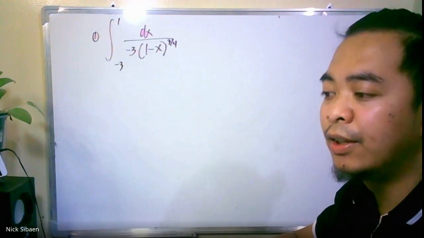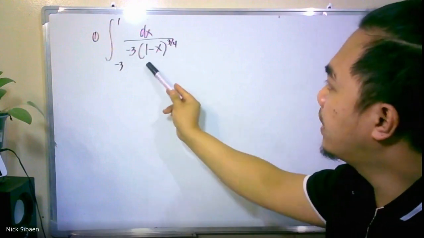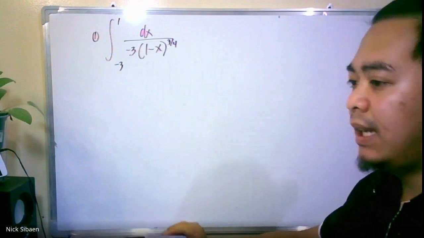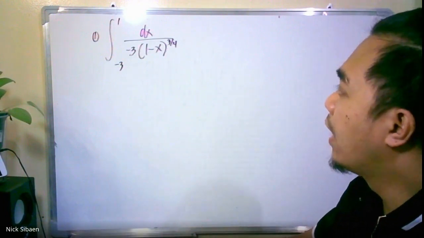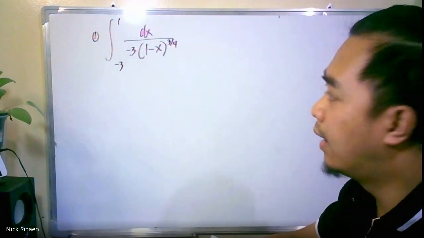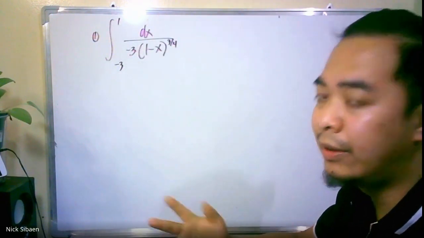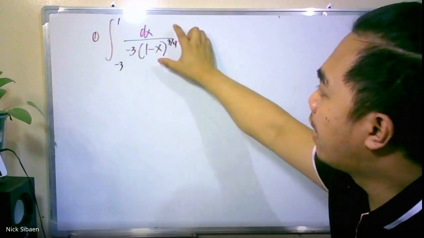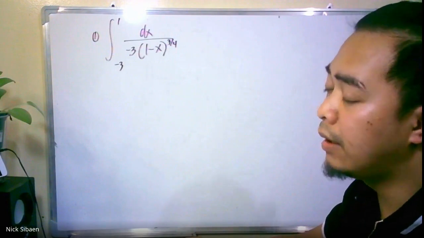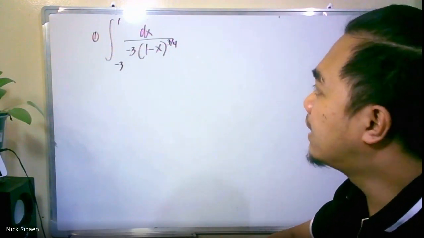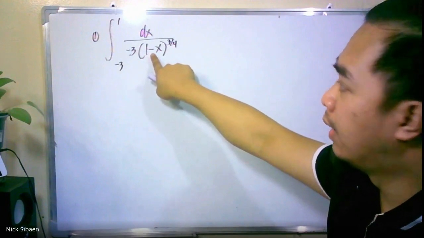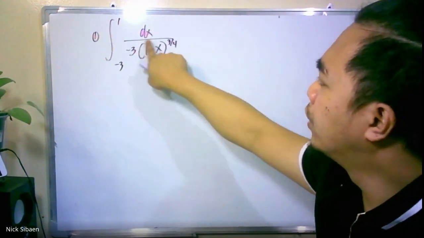So either you graph it, or pwede namang i-base natin dito, what is an asymptote in the first place? Normally, an asymptote is that number where the function becomes undefined or indeterminate, whatever. This is a rational function, so it becomes indeterminate or undefined if the denominator is 0. At kailan ba nangyayari or nagiging 0 itong function natin or itong denominator natin?